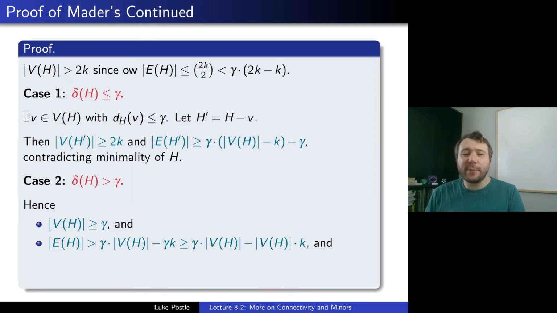Well, we know that gamma is a lower bound for V of H, so we could replace that with minus V of H times k. You can regroup that right-hand term and divide it by V of H to find that d of H is greater than gamma minus k, which was the other condition we wanted in Mader's theorem. So we've satisfied that part.